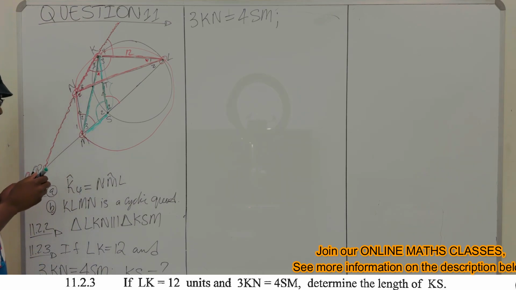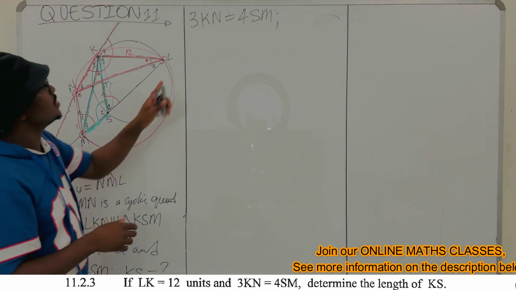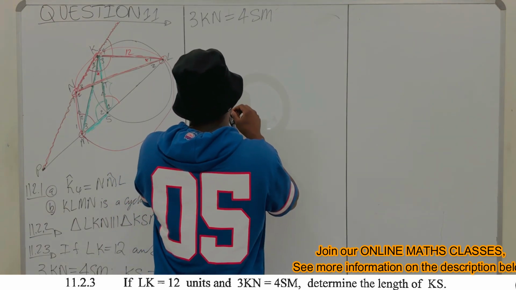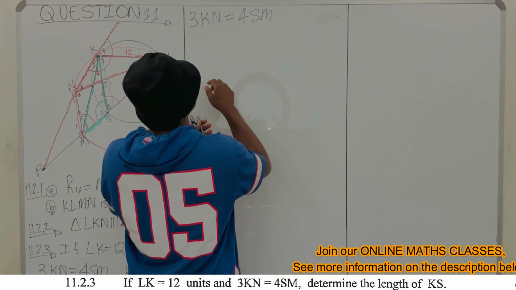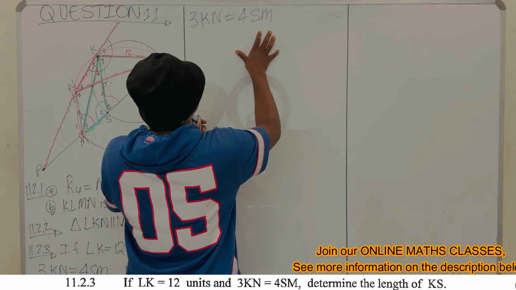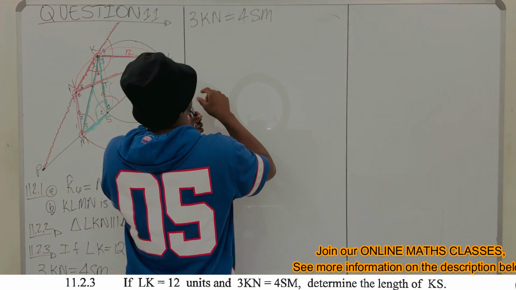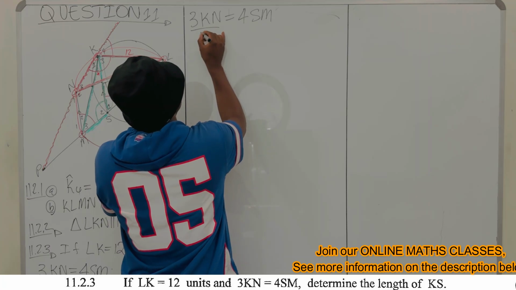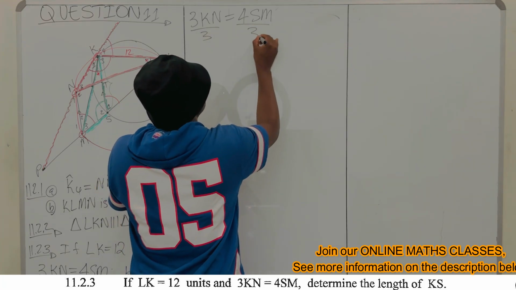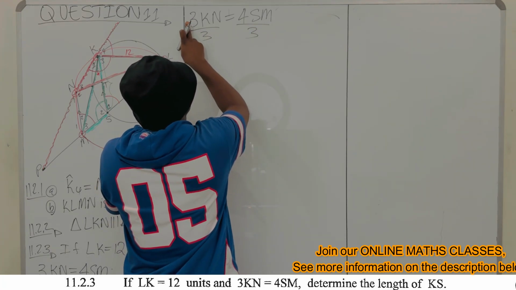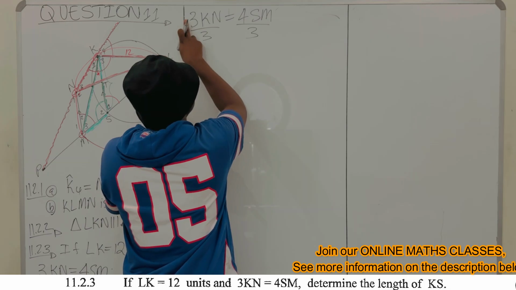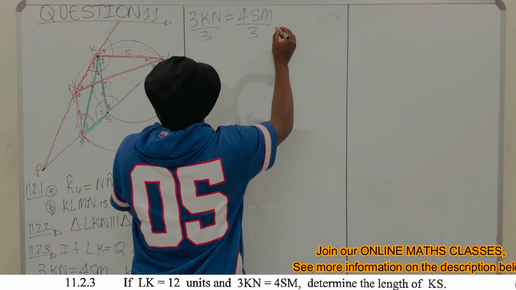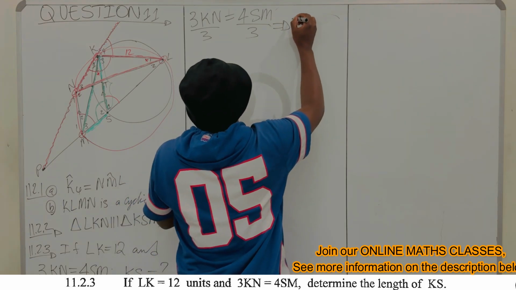Fine. So let's first deal with this. What does this tell us? What we need to do here is divide by 3 this side and 3 that side, so that we remove this number completely this side.